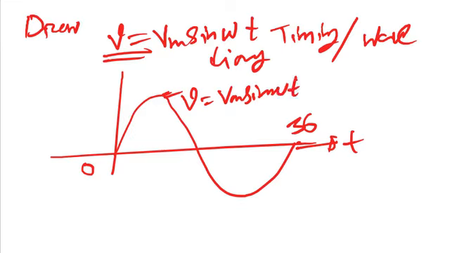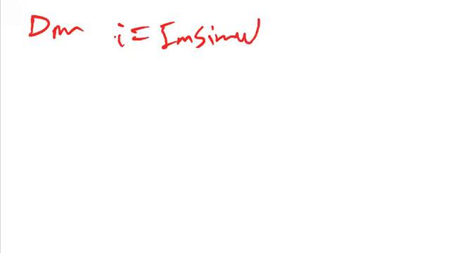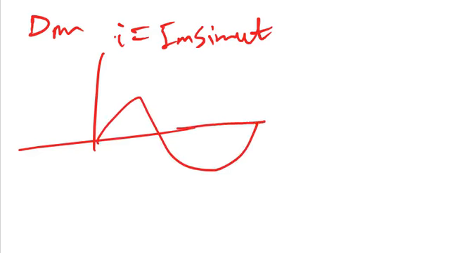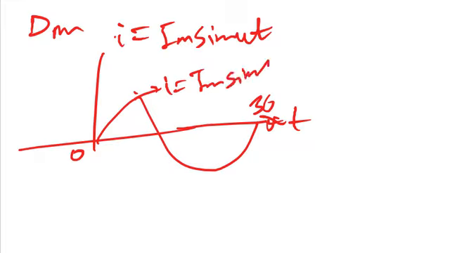Okay, and if they want you to draw the current diagram i max sine omega t, then we have to draw the same way as time t and 360. Just we have to indicate i equal to i max sine omega t.